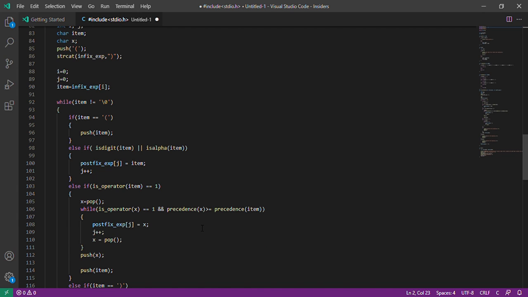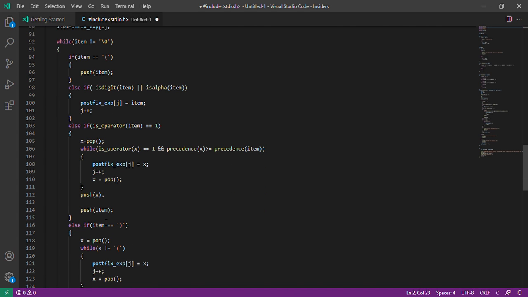So pop all higher precedence operators from the stack and add them to the postfix expression. Then next, because the above while loop will terminate, we have one extra time where the condition fails and the loop terminates.